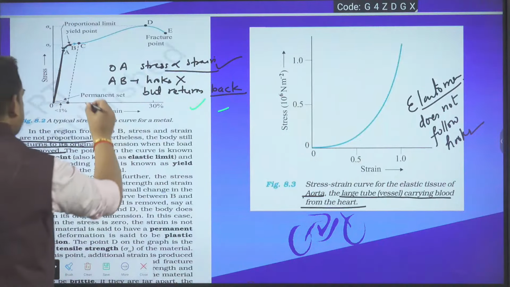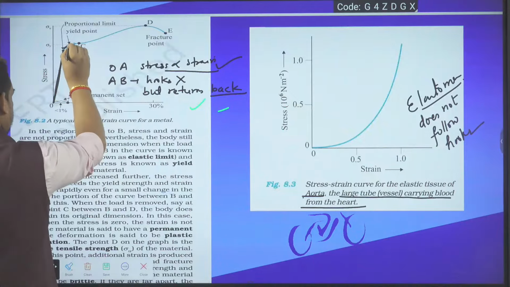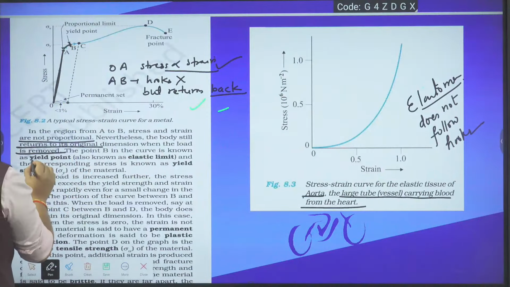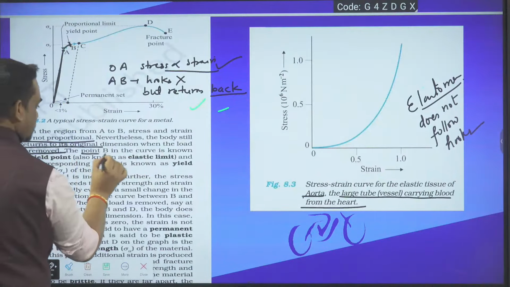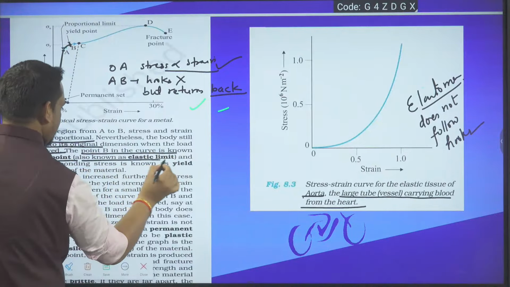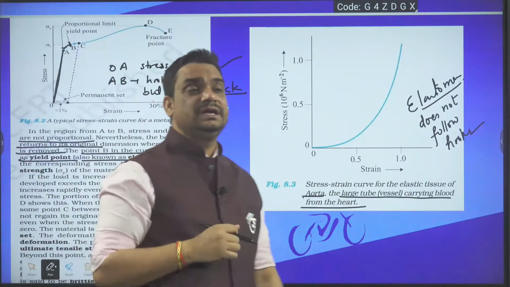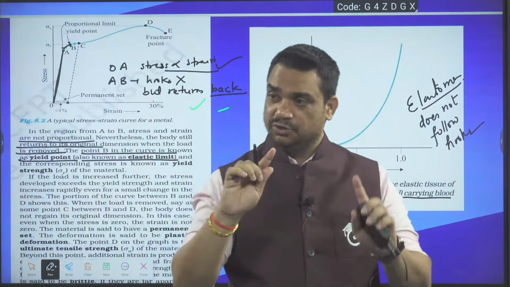Point B in the curve is known as the yield point, also known as the elastic limit. Both are the same.